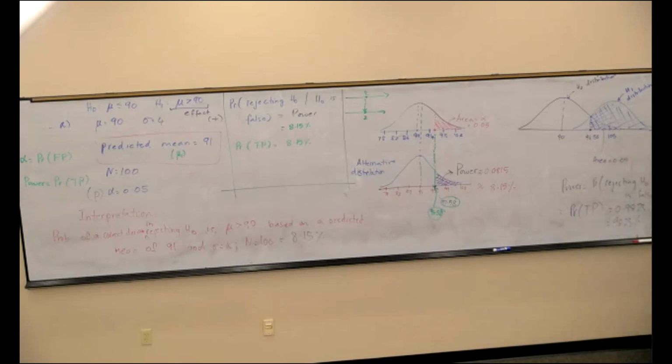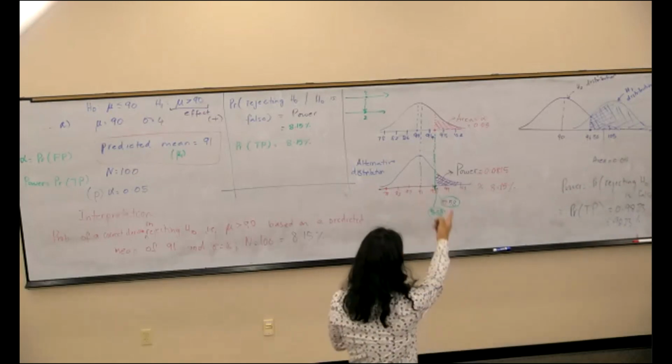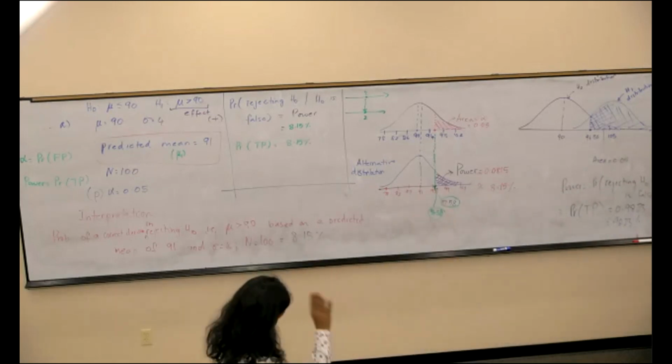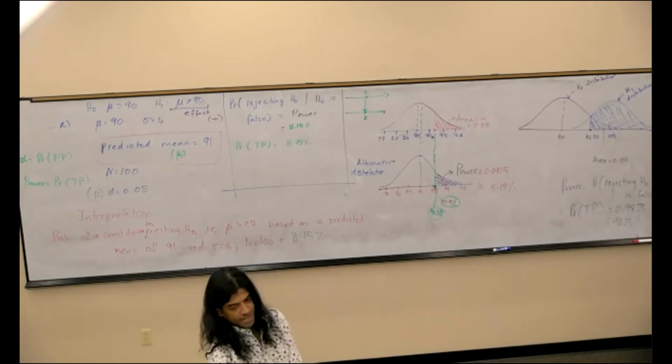If someone comes up to you and says, well, you rejected the null using an average of 105, that is the alternative, your research conclusion, standard deviation of 4. The chances that you made the correct call is 98.23%.